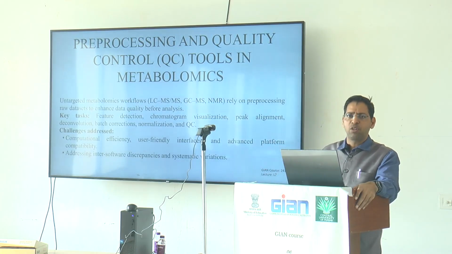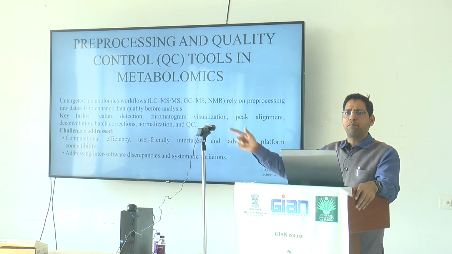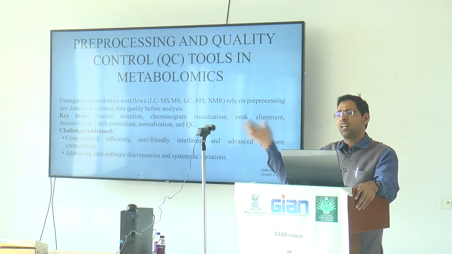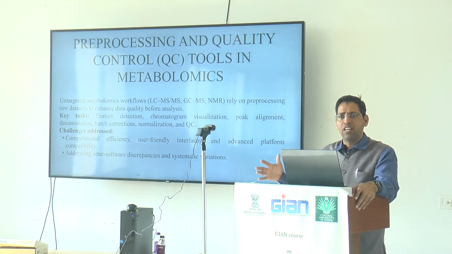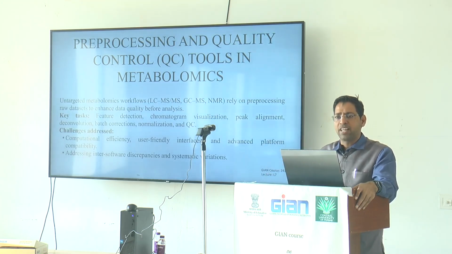So whatever chromatography you are using, the final peaks that come here, we label as a chromatogram. So how is your chromatogram visualized? Is there any other RT values or anything? You have to optimize that. Then you have to come to the peak alignments.